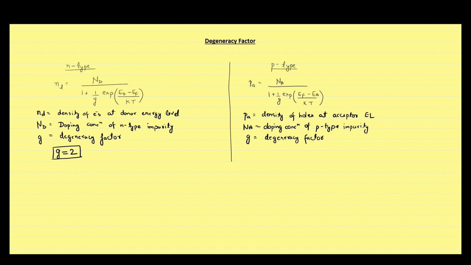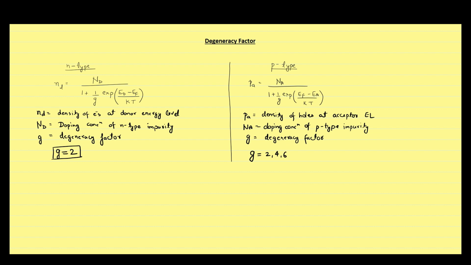Now, there are slight differences between the degeneracy factor in P-type semiconductors compared to N-type semiconductors. Here the degeneracy factor can be equal to 2, 4 or 6.